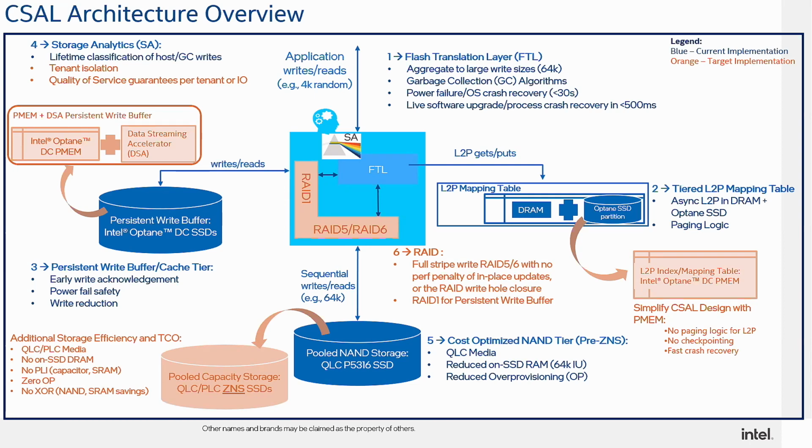And most importantly, CSAL and Optane enable high density NAND in cloud, really. We need this top layer that I talked about. CSAL together with Optane is the key enabler that enables that low cost NAND.